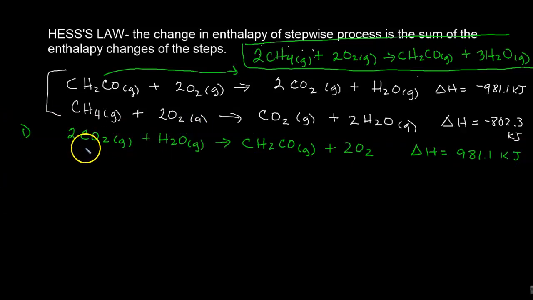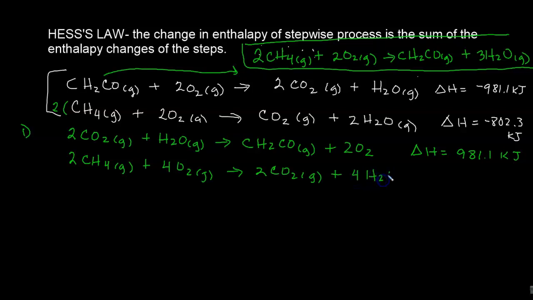Okay, the next one. So it looks like I've got this moved over. So there's the first part. It looks like I also need two of these, so let's get two of those. This is where I'm going to do a multiplication. I'm going to multiply the entire equation by 2. So I get 2 CH4 gas plus 4 oxygen gas yields 2 carbon dioxide gas plus 4 water gas.